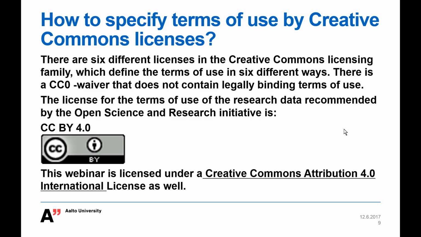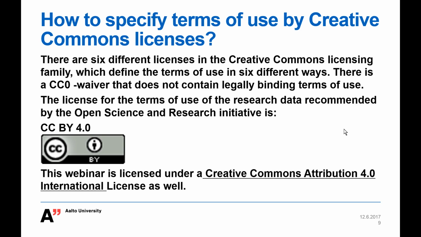Creative Commons licenses are ready-made licenses. The new family of licenses is the 4.0 license, which is an international license because it was created internationally. It takes into account the European Union database directive and different database protections in other jurisdictions.